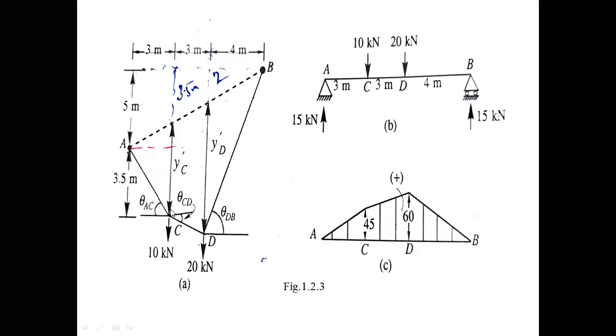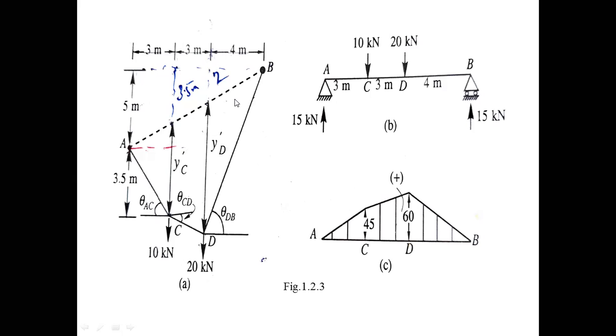At point C of the cable, a concentrated load with a magnitude of 10 kN is placed, and at point D of the cable, another load carries 20 kilonewtons.